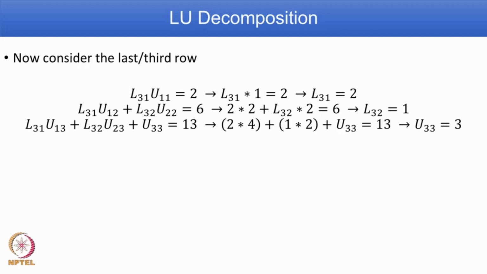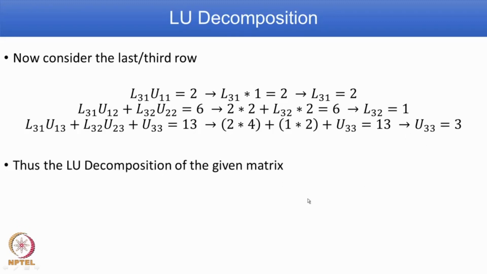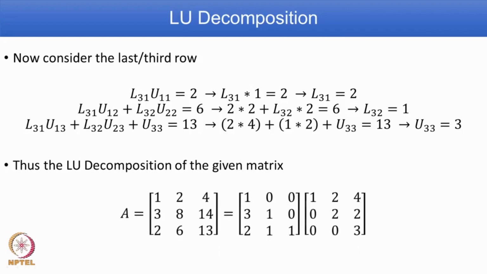Again, continue that exercise to find the coefficient values in the L matrix, and all the steps are shown here, and you get the values of L31, L32, and then the remaining u33. If you substitute, finally, we get the LU decomposition of the given matrix as shown here.